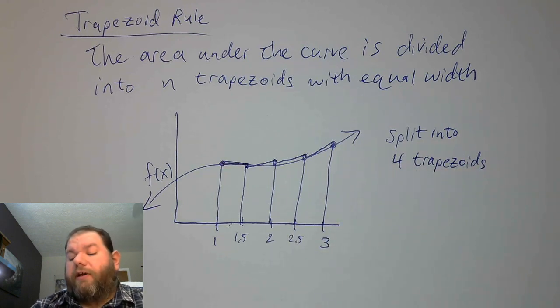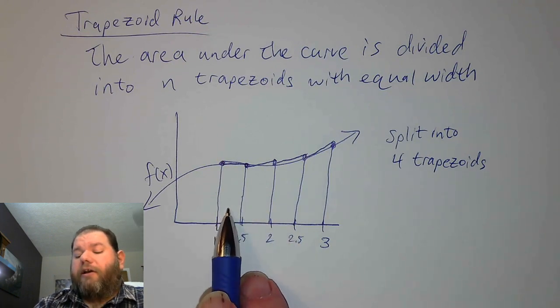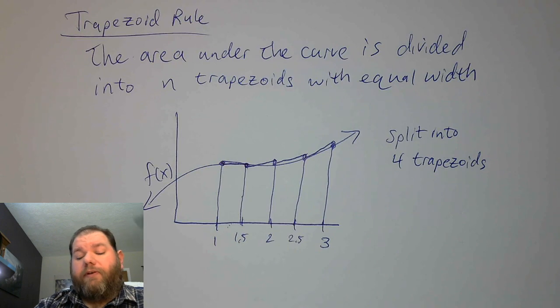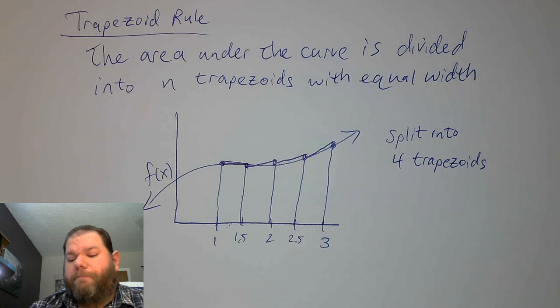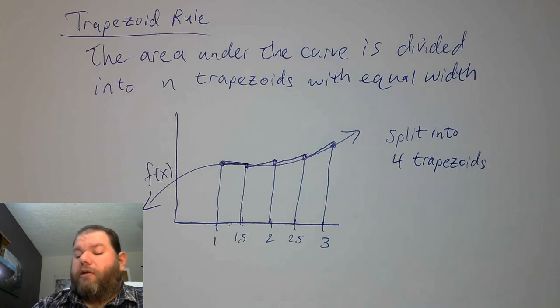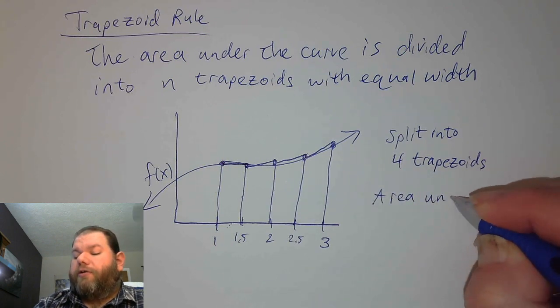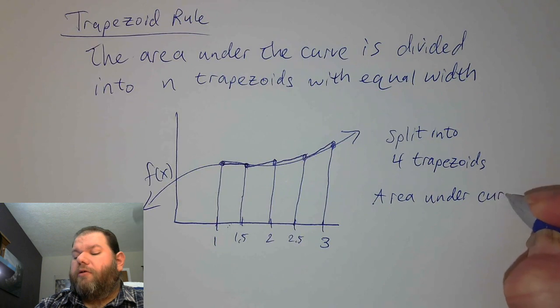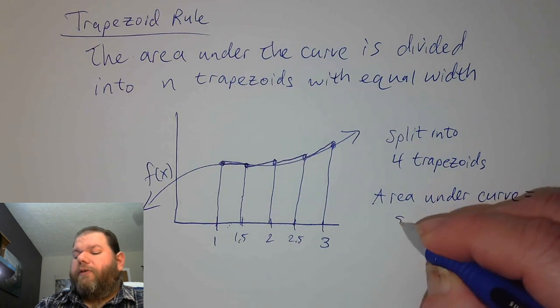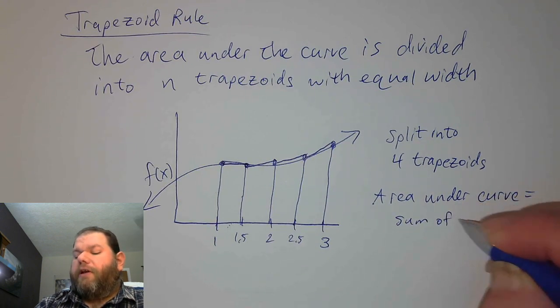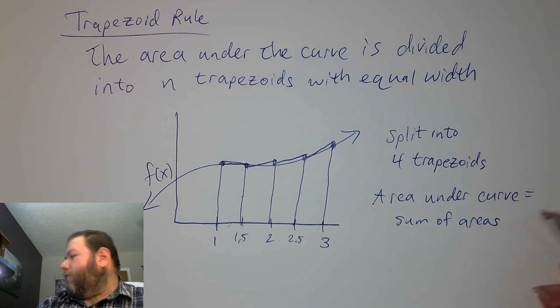But the idea is that we can approximate this area by adding up the area of these 4 trapezoids. Okay? So the area under the curve is equal to the sum of the areas of the trapezoids.